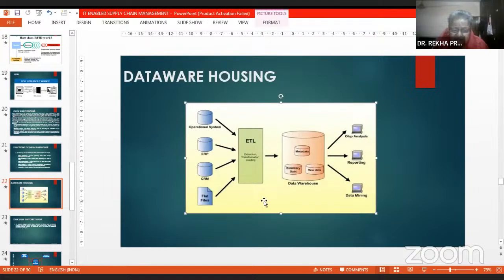So this is extraction, transformation, and loading. From these various sources, you are loading into the data warehouse: summary of the data, raw data, metadata, all this. Then it has to be analyzed, reported, and mined. What you are mining, you are gathering from this data. So this is the use of a data warehouse.